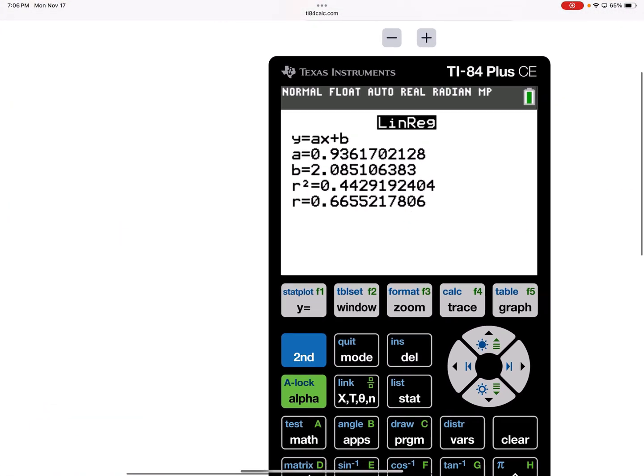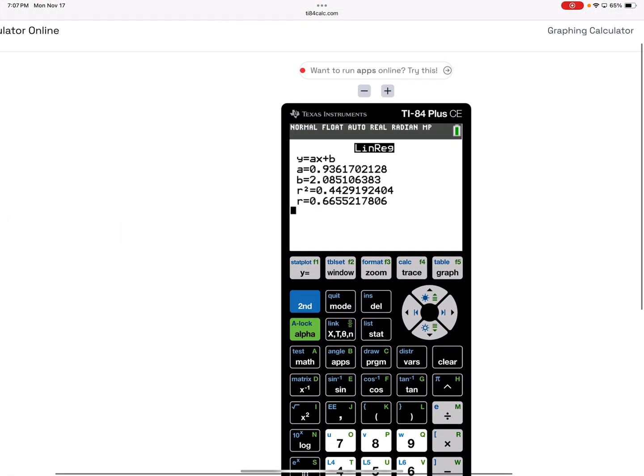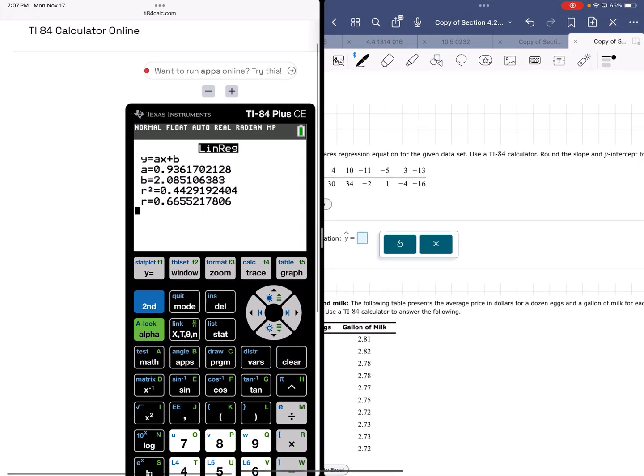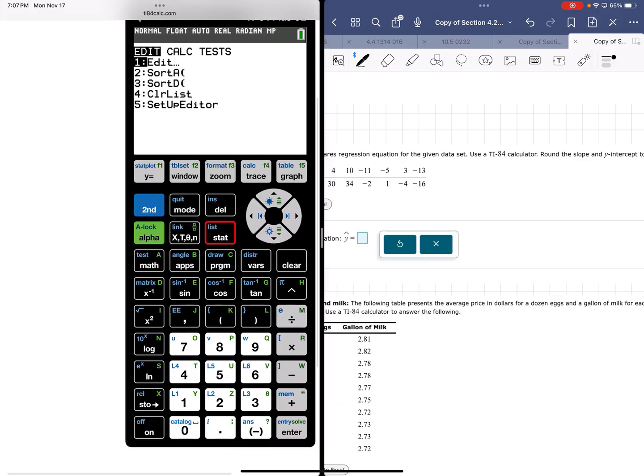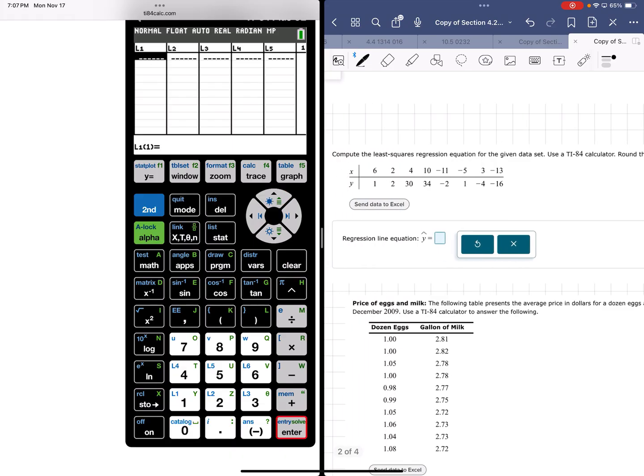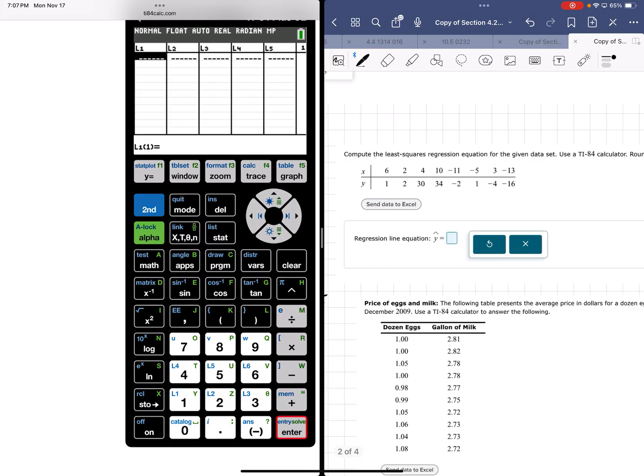I'm going to go back to stat. I'm going to go to edit. I'm going to clear out L2. I'm going to clear out L1. And my X values, remember my X's go in L1, okay? So this is L1 for me, this is L2.